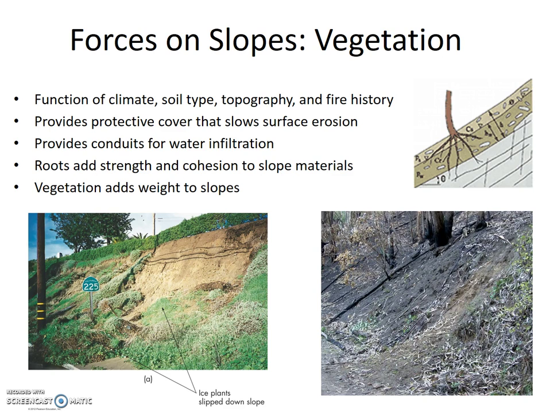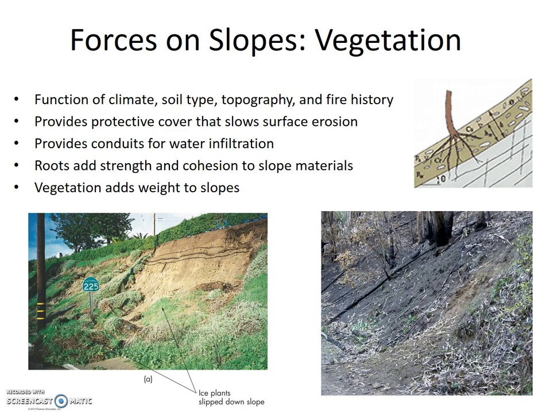The top right cartoon shows deep tree roots growing through the less consolidated soil and into the more consolidated rock below. These deep roots anchor the loose soil to the hillside. The bottom right image is of soil after a fire. There is not much vegetation growing at the moment, and you can see some mass movement here, where a slightly browner sediment has fallen along the slope onto the path.